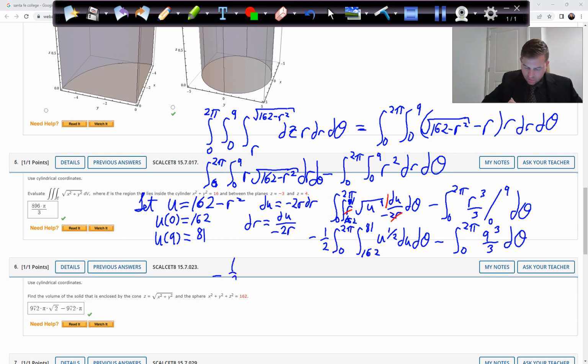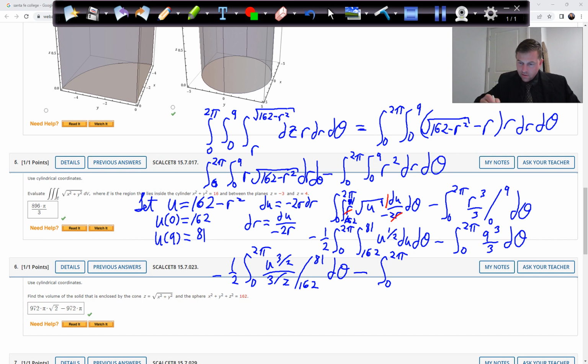This one's going to be minus 1/2, 0 to 2 pi. The antiderivative of u to the 1/2 is u to the 3/2 over 3/2, from 162 to 81, d theta, minus 0 to 2 pi of 243 d theta. Okay, this is going to equal minus 1/2.